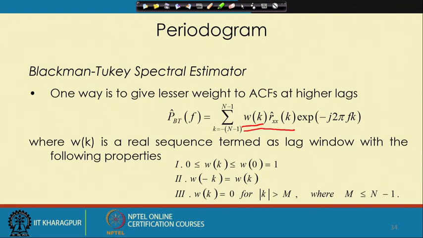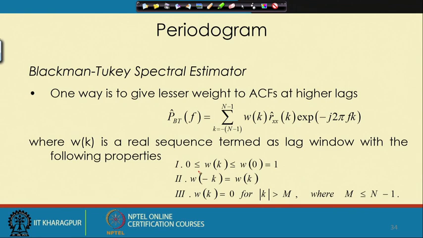First of all, the first property would be that W0 should be maximum, equal to 1, and the window should be positive, because we do not want to change the sign of the autocorrelation estimate.